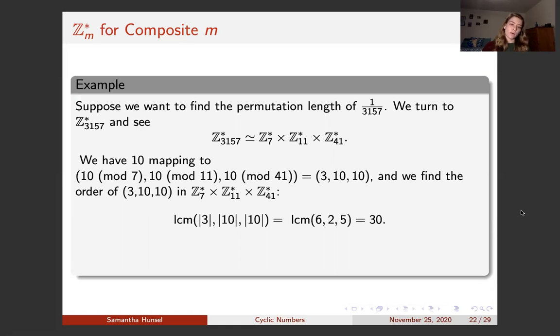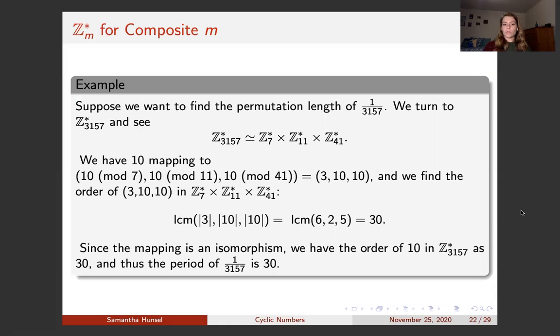Then we can find that order in the external direct product and we see that that order is 30. And since the mapping is an isomorphism, we can say that the order of 10 in Z star 3,157 is 30 as well. And so the period of 1 over 3,157 is also 30, and that will cycle 30 digits.